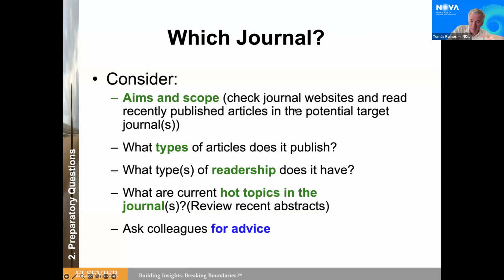So please consider the aim and scope of the journal in which you will try to publish. Check the journal website, read some of the papers published there, check the type of articles that they publish, check the type of readership that they have. For example, some journals are mainly national or local journals. In Brazil or in China, many journals are only for Brazilians or for Chinese.